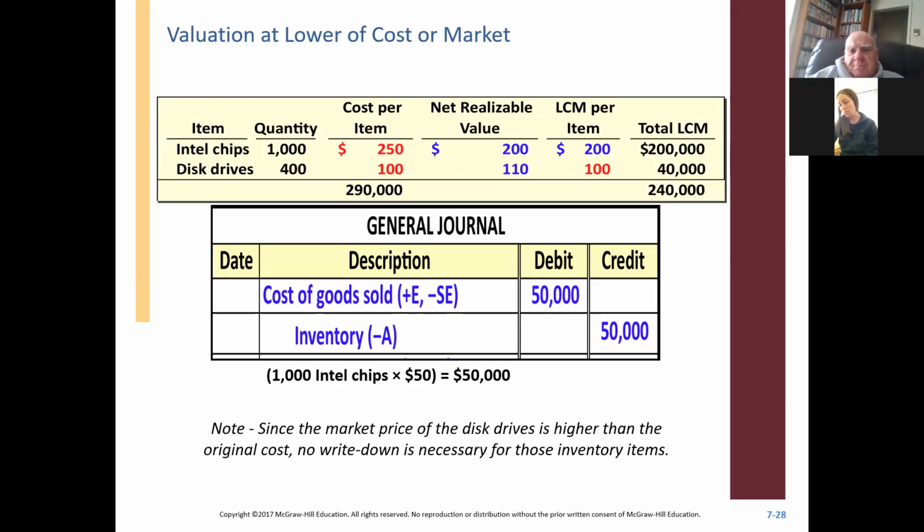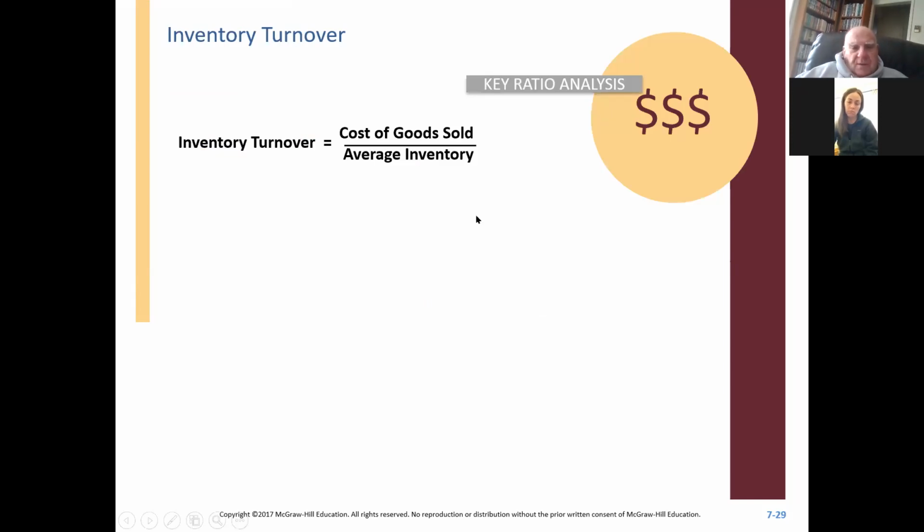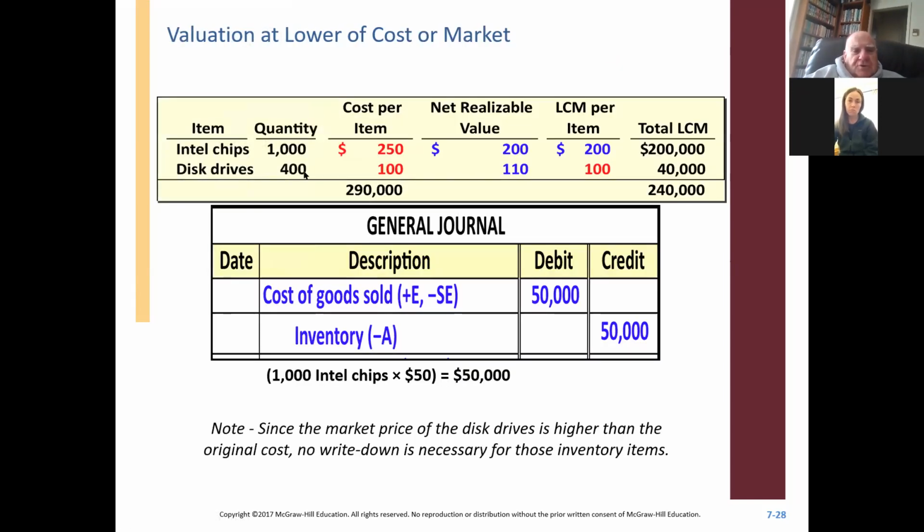And here's a nice, simple, clear look at the concept. This company purchased 1,000 Intel chips for which they paid $250. Well, the problem is they bought way too many because the technology got ahead of them, and now people can buy those same chips for $200.